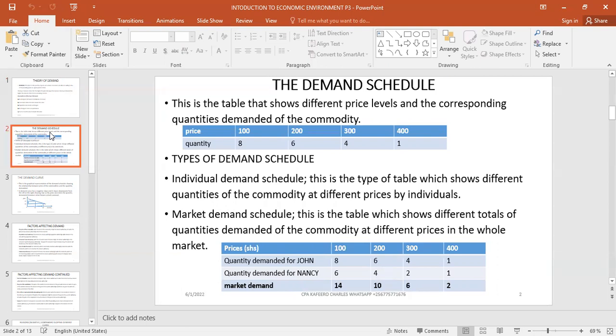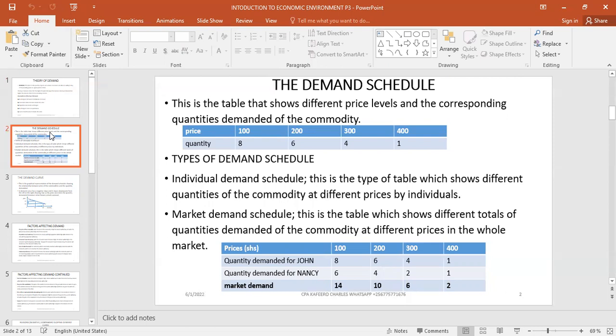As the law says, we expect that when the prices are low, more units are going to be sold. As you see, when the price is 100 shillings, we expect the quantity to be a bit high, and you are seeing the quantity is 80 units. So when the price goes to 200, we expect that the quantity demanded is supposed to reduce.